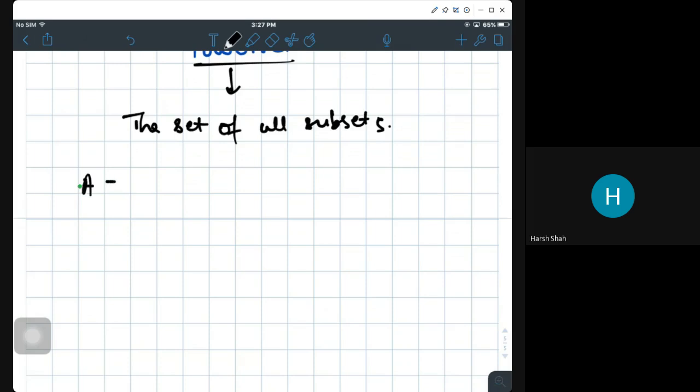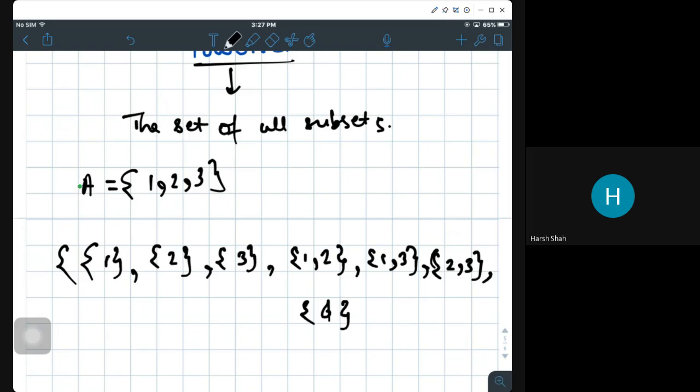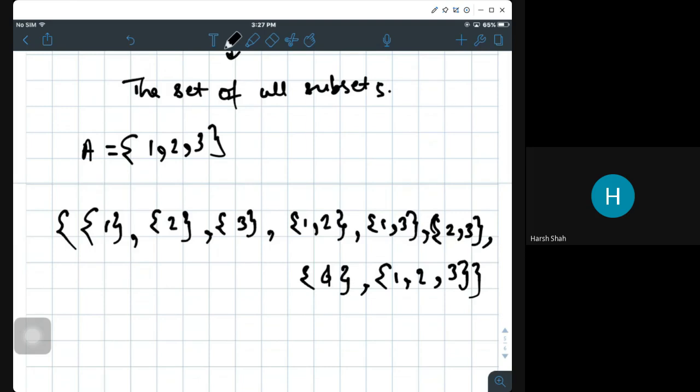So if I have A as 1, 2 and 3, the power set of this will be 1, 2, 3, 1 2, 1 3, 2 3, empty set, and 1 2 3. This is called my power set.